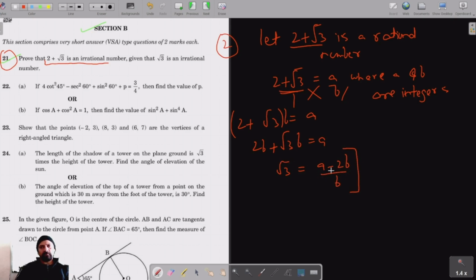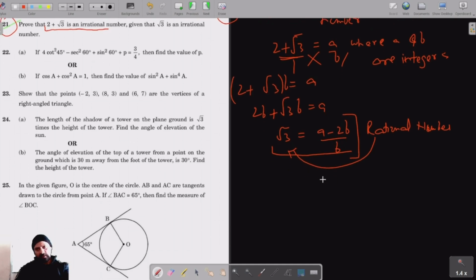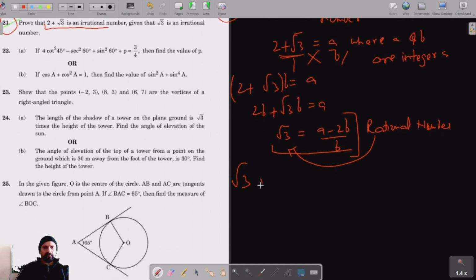Now this is rational, because a and b are integers, so a minus 2b by b is a rational number, and rational should be equal to rational because this is an equality. So which gives us root 3 is a rational number, but root 3 is an irrational number. So this contradicts our assumption.